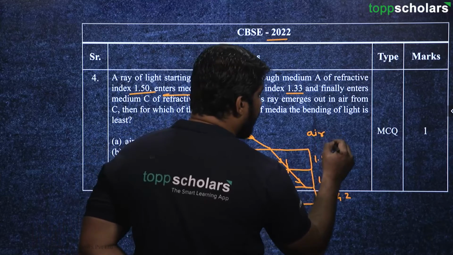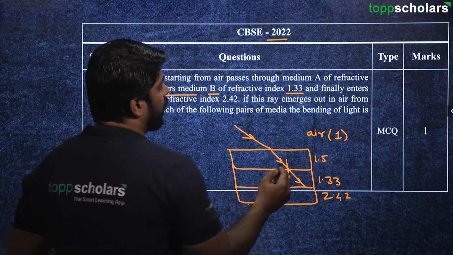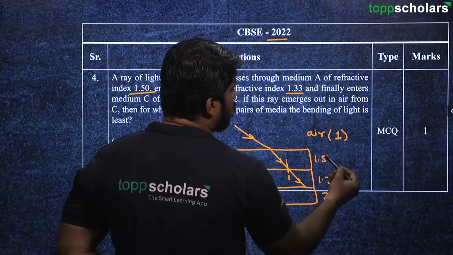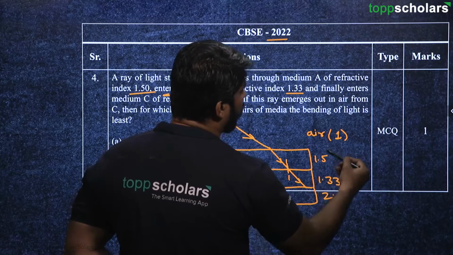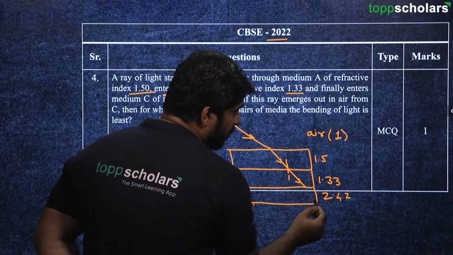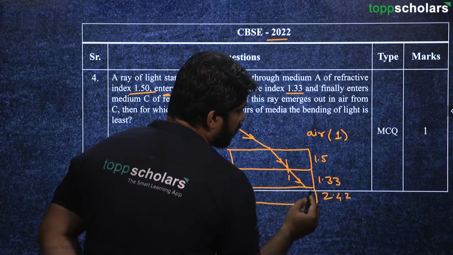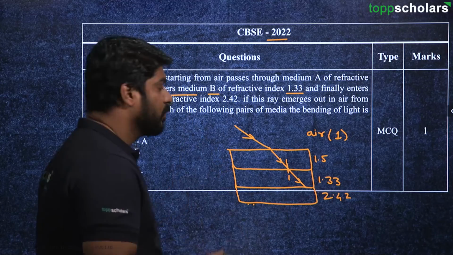Here air has the refractive index 1, and the difference is about 0.5, and here the difference is very small. Then again here the difference between these two is very large, of the order of 1, right?